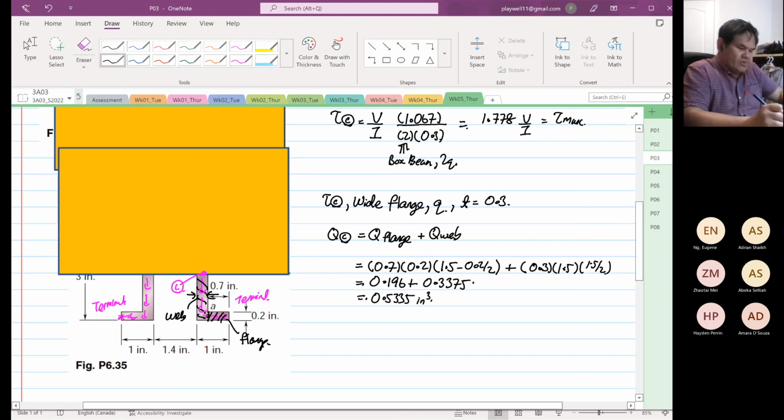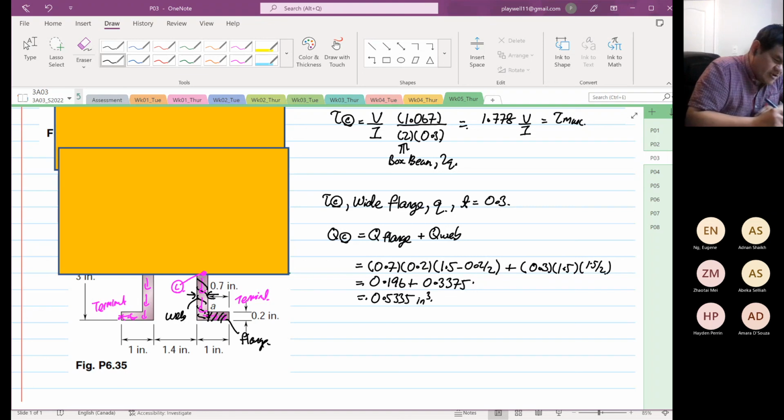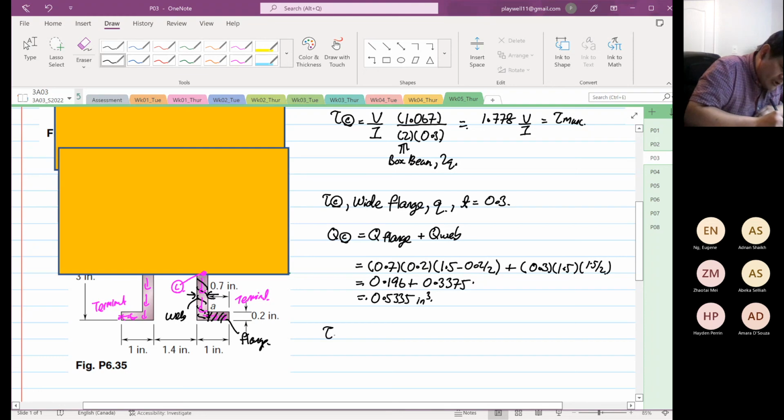Okay. So we can't say whether this is tau max or not. It's all relative to the thickness and whether it is a box or what. So you find the shear stress at point C is equal to V over I, right? Q is 0.5335. The thickness is, so this is 1 because it is what?